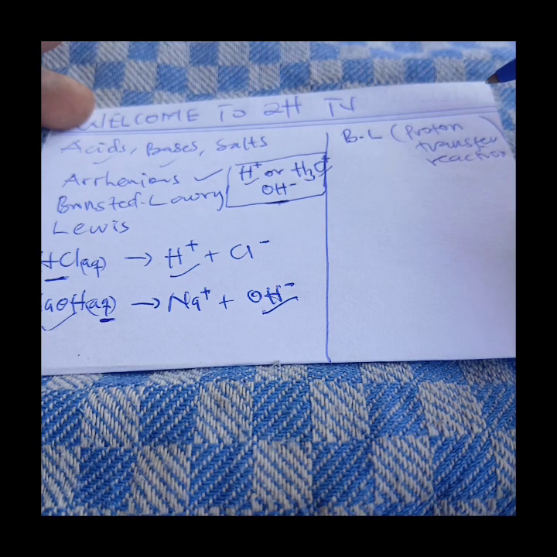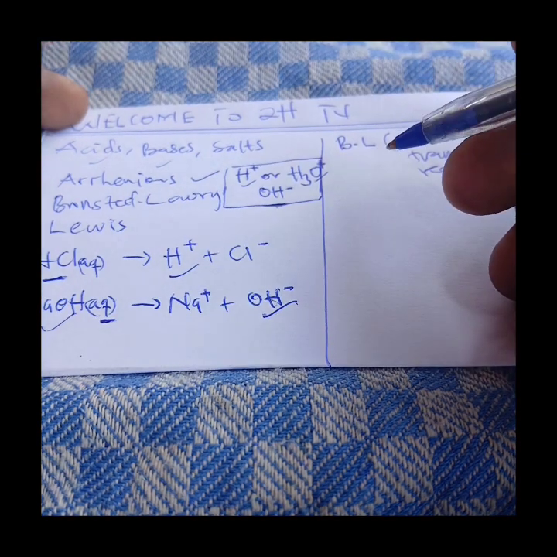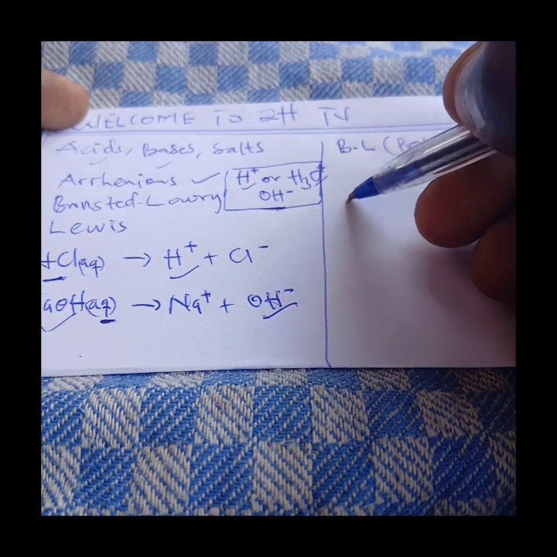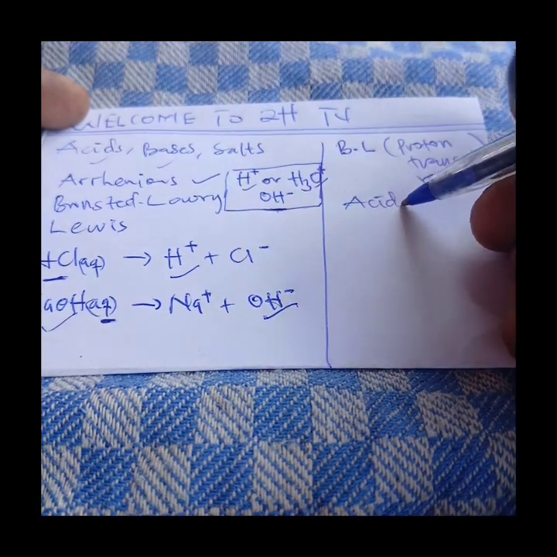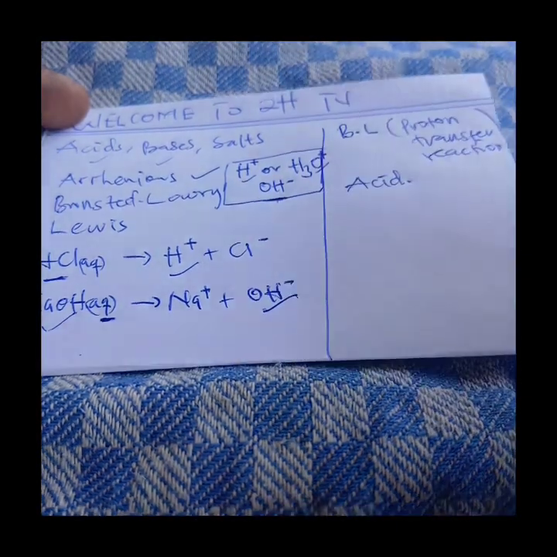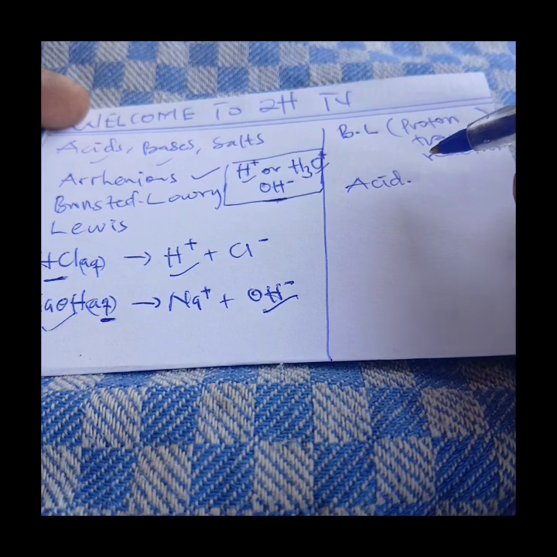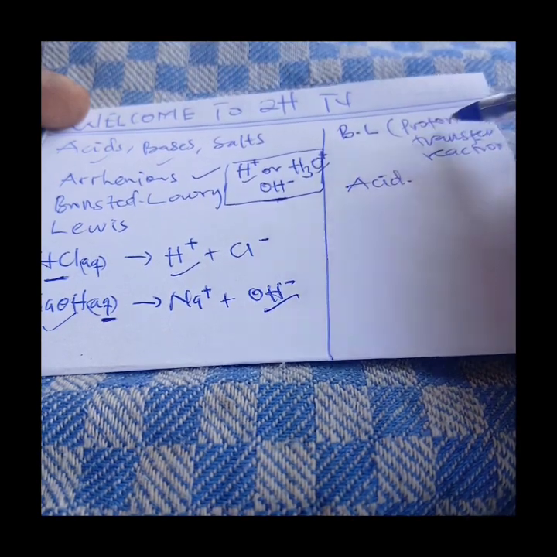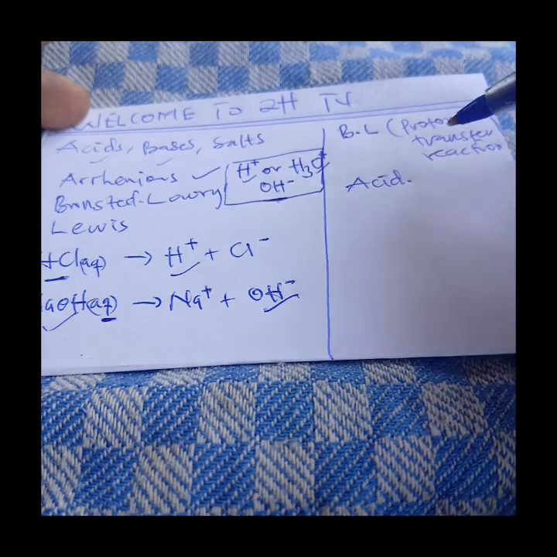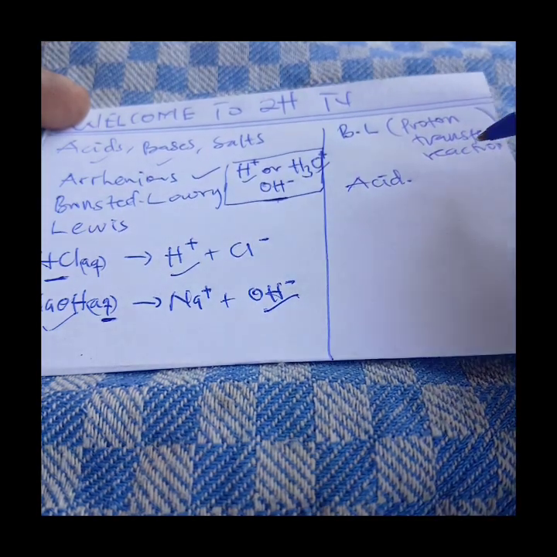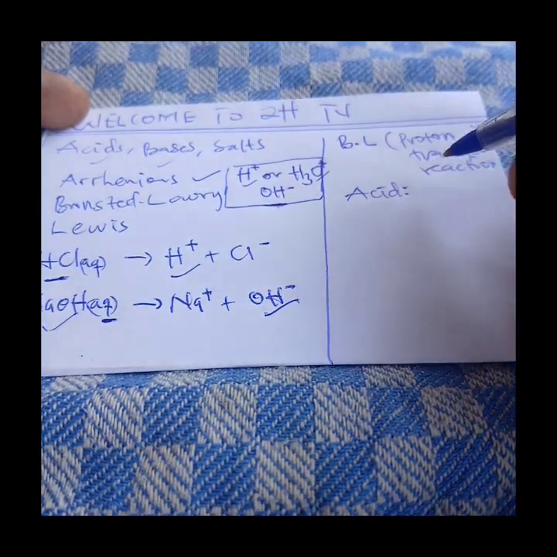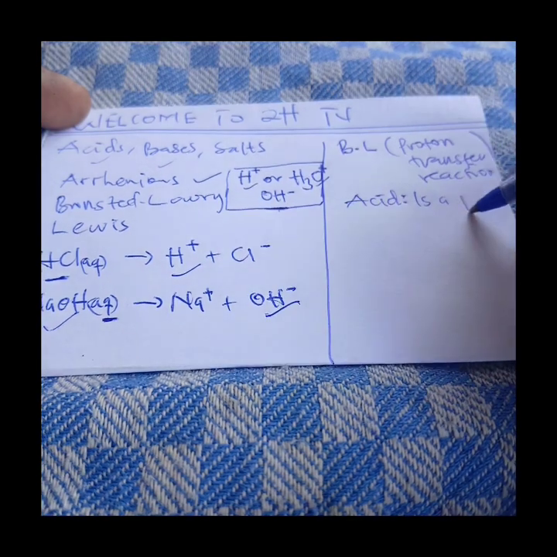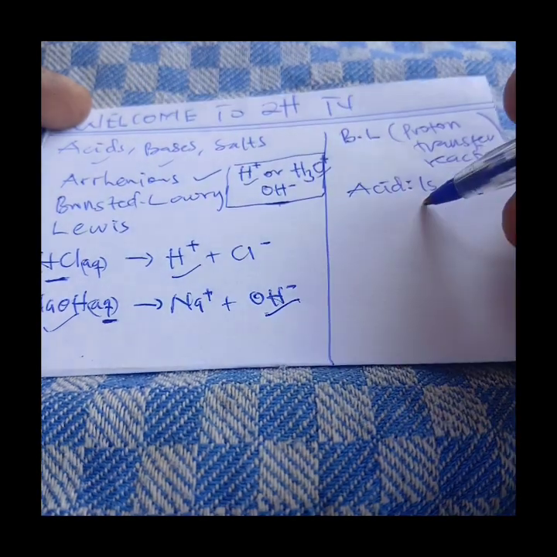Okay, now the Bronsted-Lowry acid, so their acid definition, they state that an acid is simply any substance that is able to, what? Donate a proton. So in simple terms, or the basic definition, they said that an acid is a proton donor.